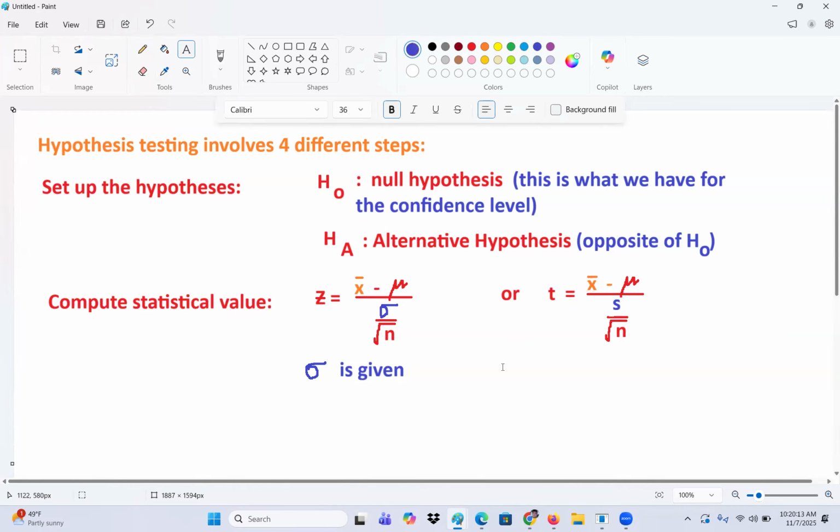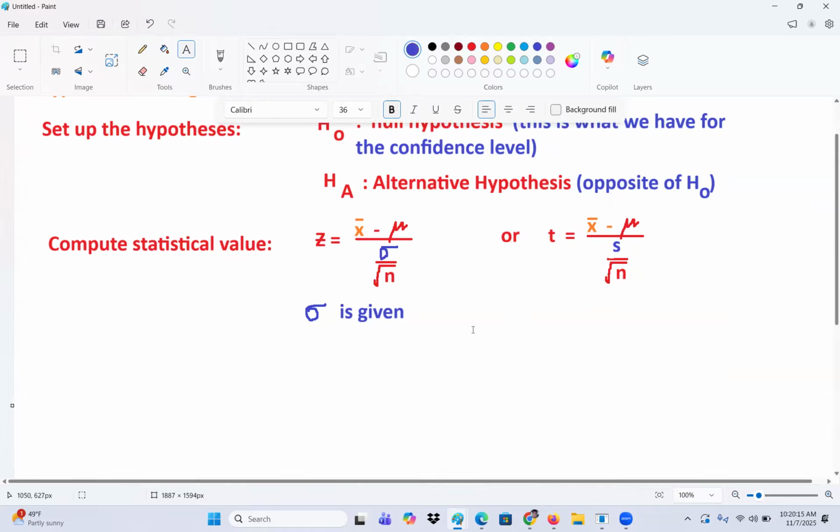We might also have to do it for proportions.